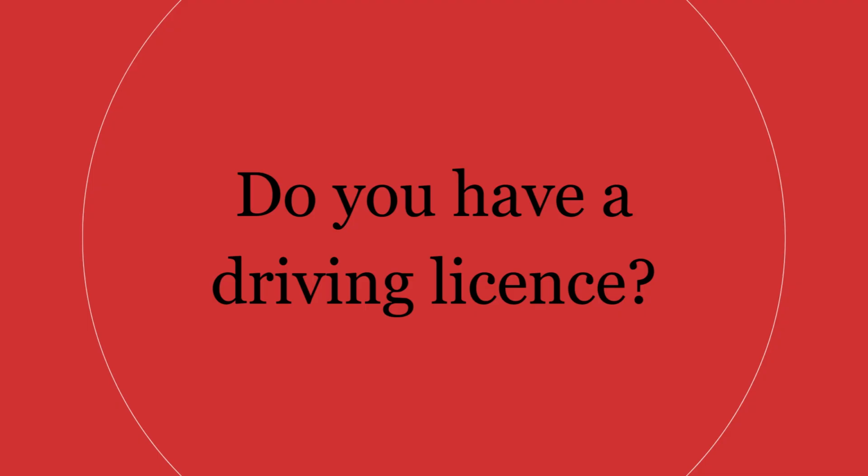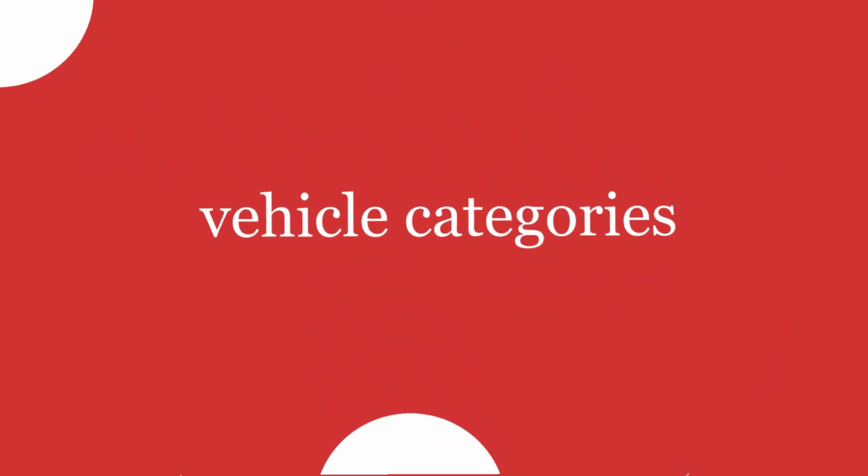Another aspect of having a driving licence is the different categories of vehicle that you are permitted to drive. I passed my driving test in a car, so I know that my licence definitely covers driving cars. However, I just had a look at the back of my driving licence and it has loads of codes on for vehicle categories that I've never actually paid attention to before.